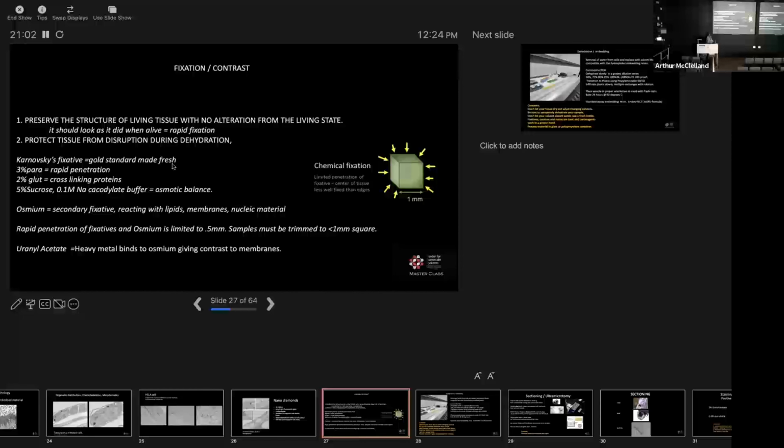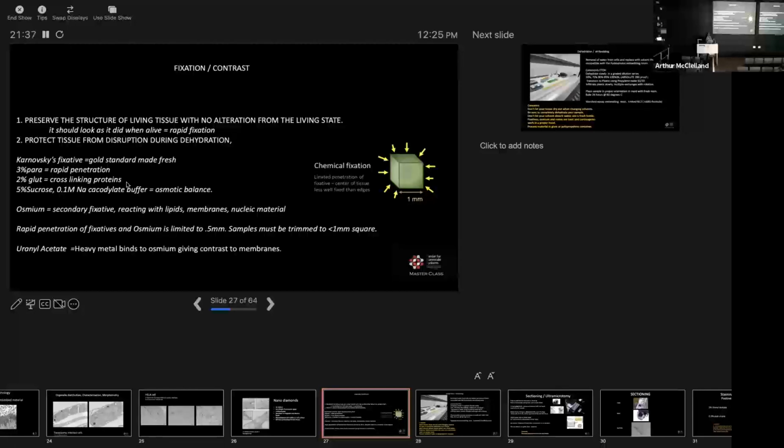So Karnovsky's fixative is the gold standard. You can make it fresh, ideally, in your lab. It's 3% paraformaldehyde. Paraformaldehyde is a small molecule. We use that for rapid penetration into the cell. 2% glutaraldehyde, which has 2 aldehyde groups, is going to provide us the permanent cross-linkage of proteins. 5% sucrose and 0.1 molar sodium cacodylate buffer, and that is for osmotic balance.